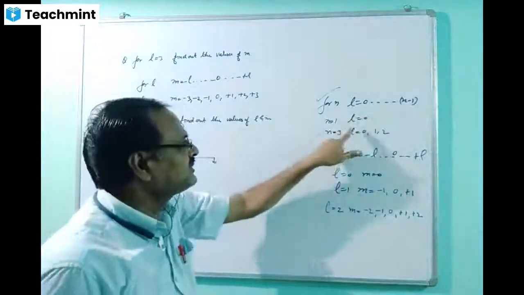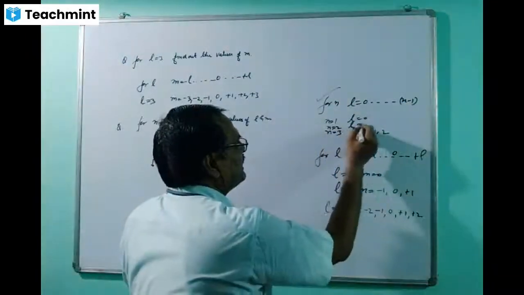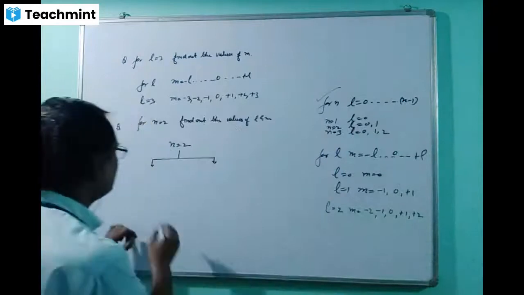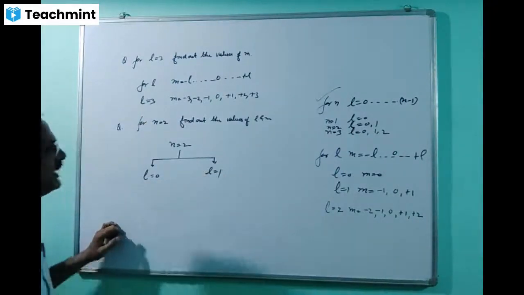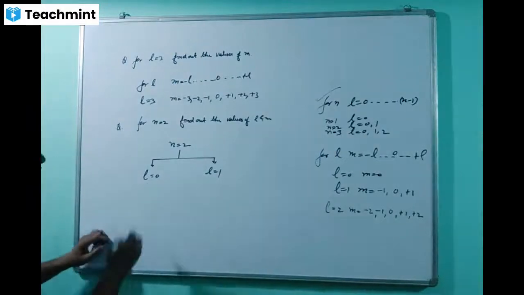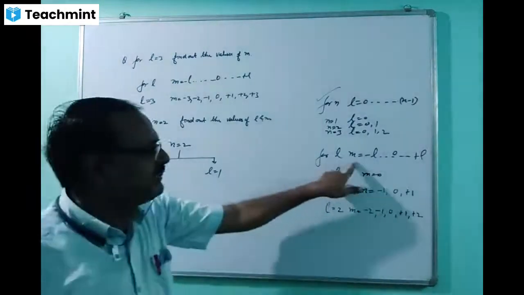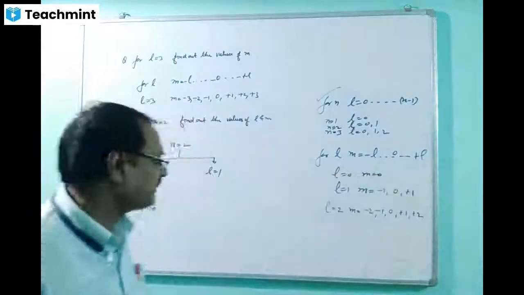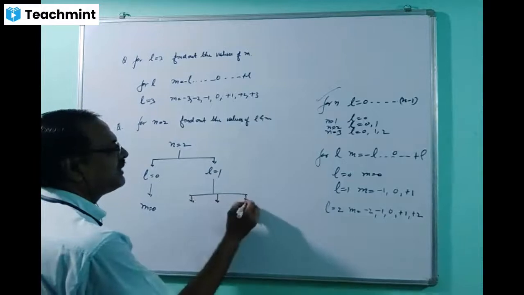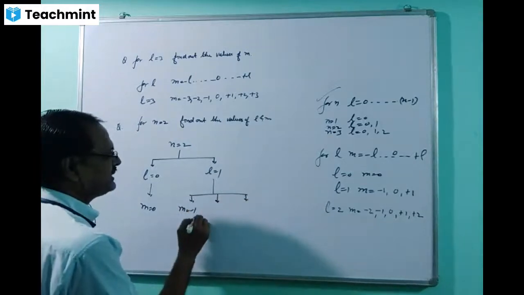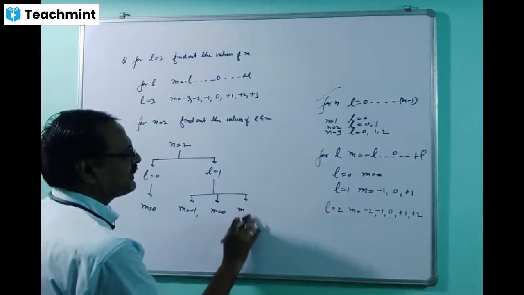For n is equal to 1, 0, and if you take n is equal to 2, then L is equal to 0, 1. So you can write here L is equal to 0 and L is equal to 1. Then they are asking for M also. So for L is equal to 0, M is equal to 0, because for L, M is equal to minus L to plus L. So for L is equal to 1, 3 values will be there. M is equal to minus 1, 0, plus 1.